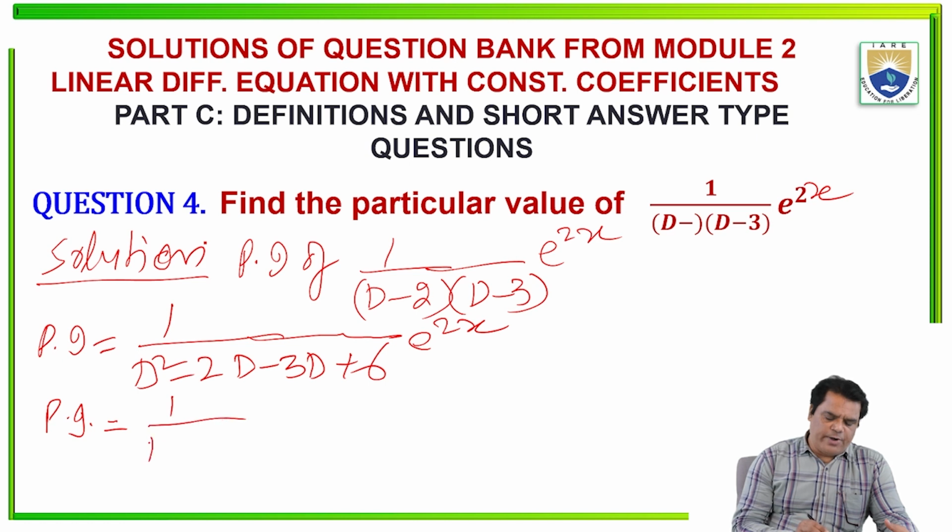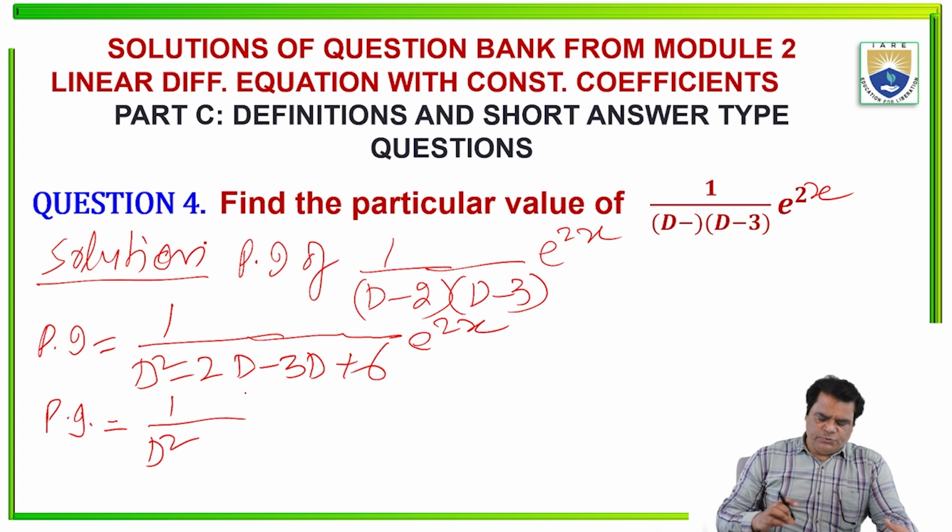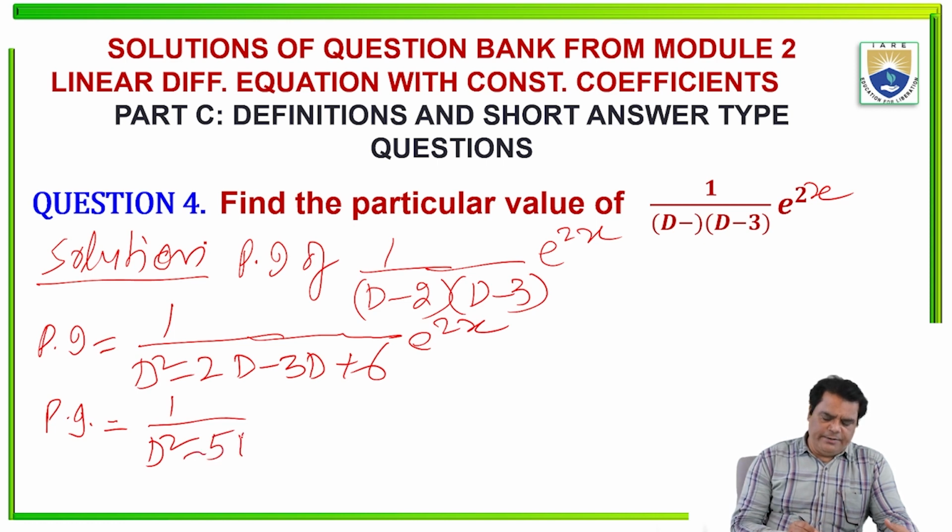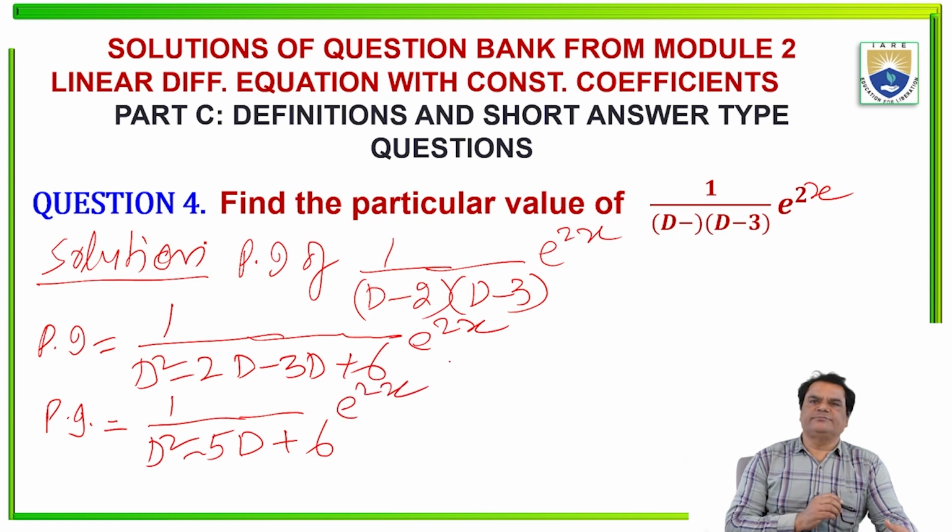So now PI is equal to 1 upon D square minus 5D plus 6, e to the power 2x.